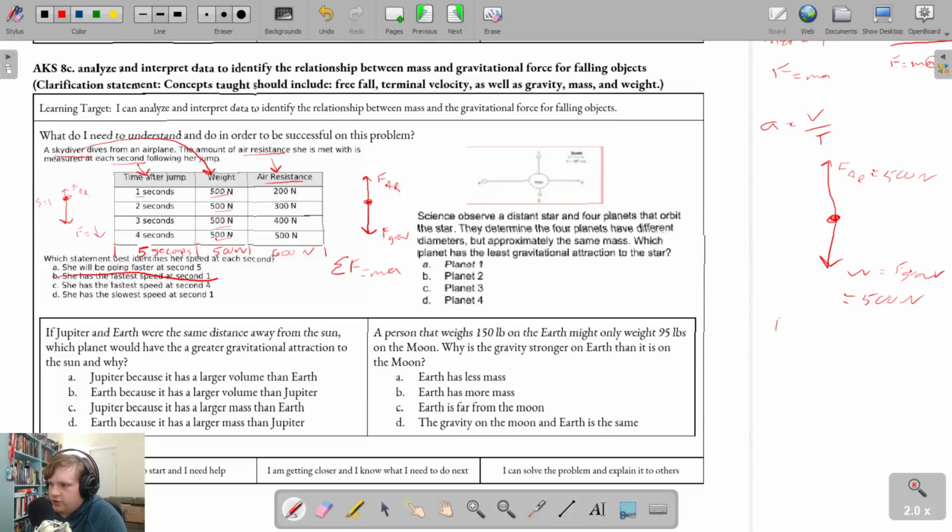There's no net force. So at second 4, there is no net force, meaning there is no acceleration. If there is no acceleration, that means she will not be getting any faster. So she cannot get any faster than she is at second 4. So A is gone. She will not be going faster at second 5. So now we have the fastest speed at second 4 and the slowest speed at second 1.